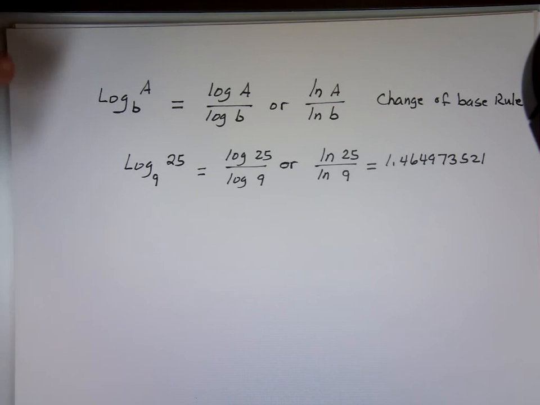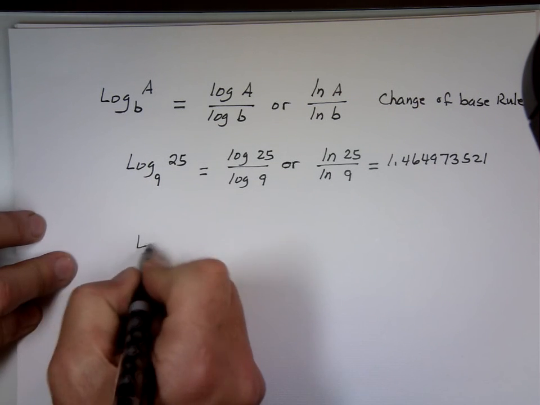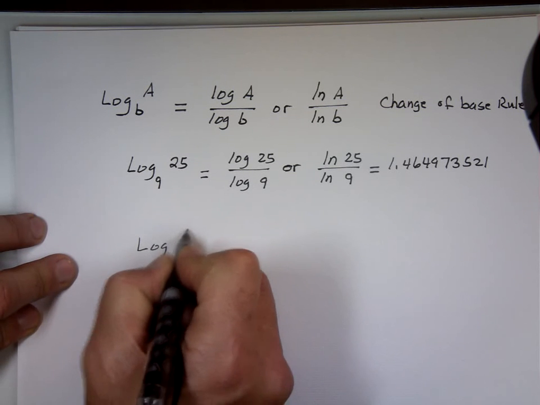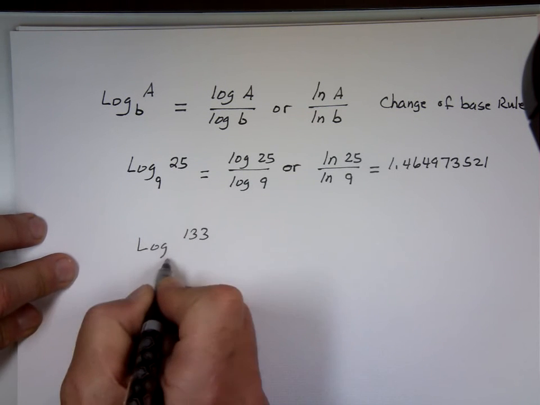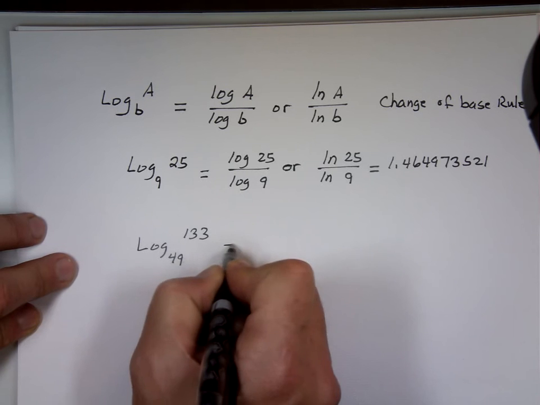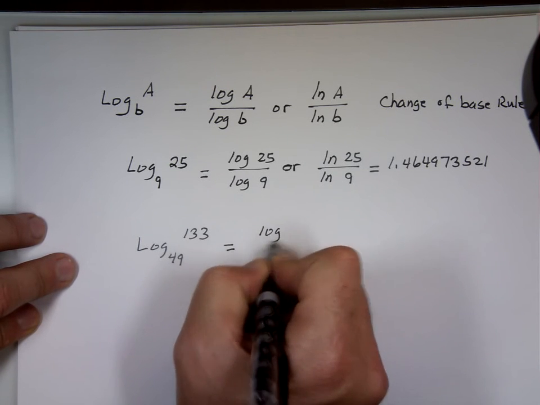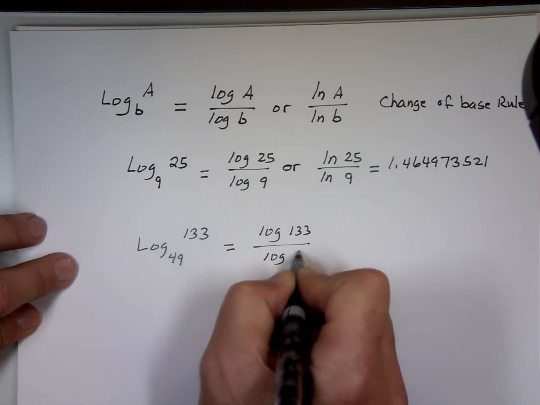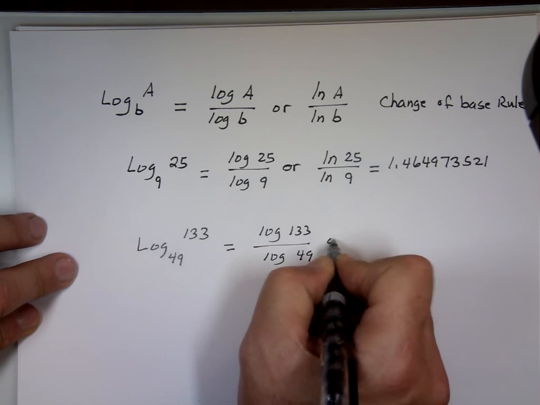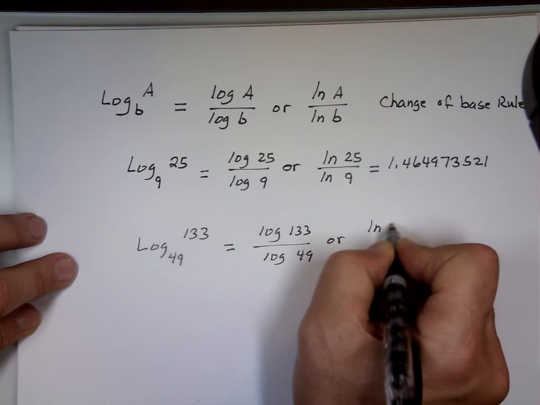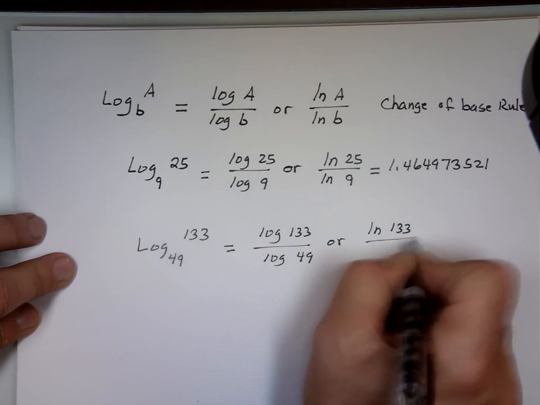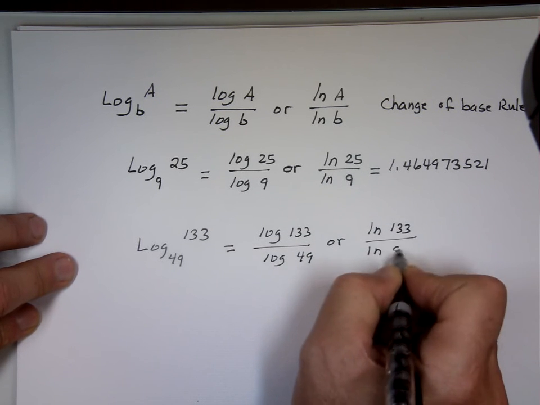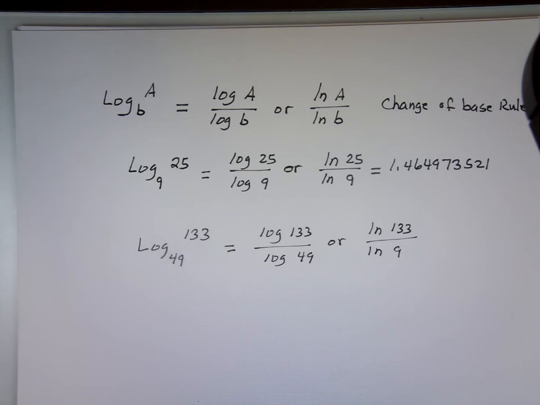So we can find the log of any number to any base. Log 133 base 49. It's the log of 133 over the log of 49, or the natural log of 133 over the natural log of 49.